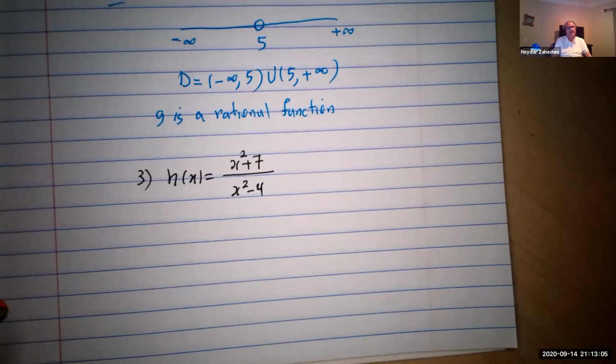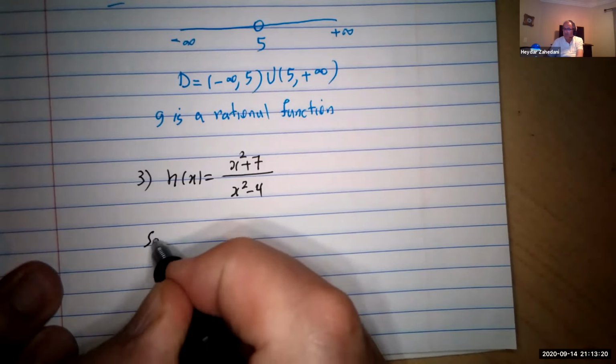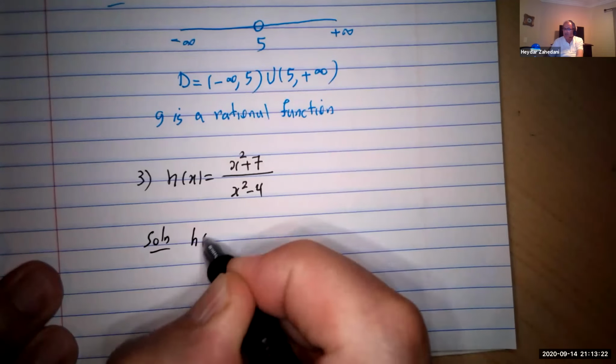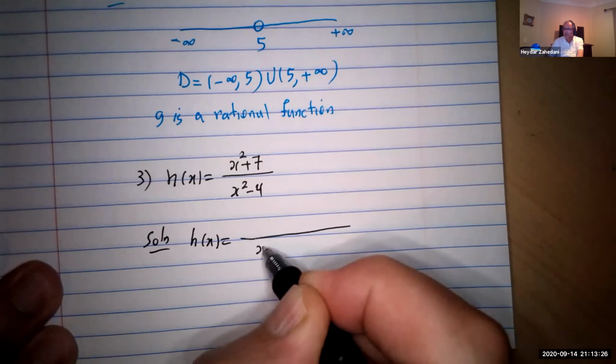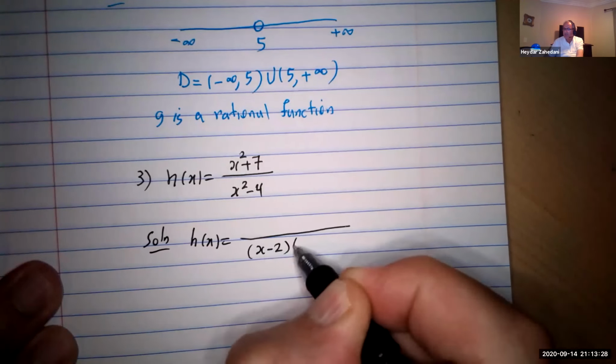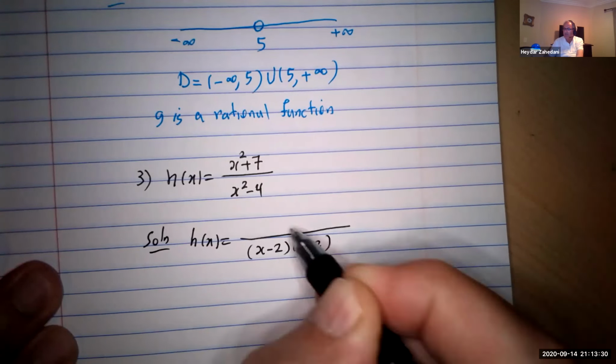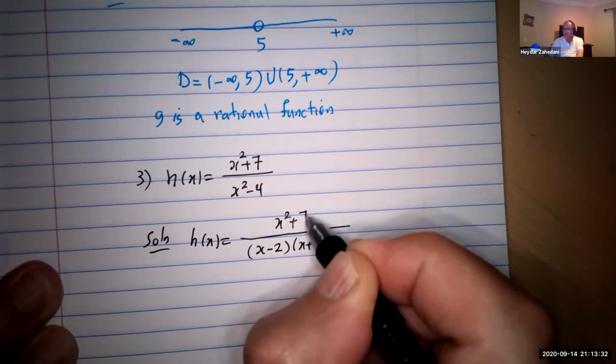The denominator is x squared minus 4, so we have to factor it first. You know that x squared minus 4 would be factored into x minus 2 times x plus 2. So we do the factoring first. H of x equal to, you see the bottom would be x minus 2 times x plus 2. The top, we don't care.